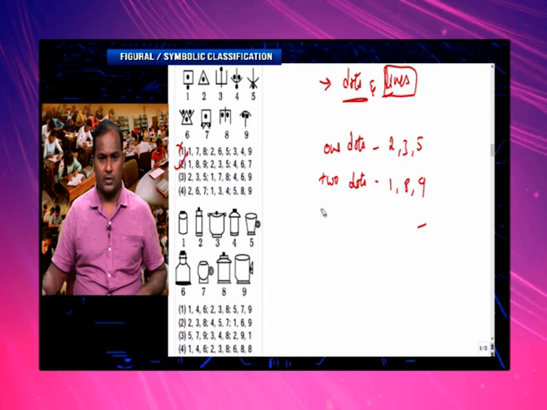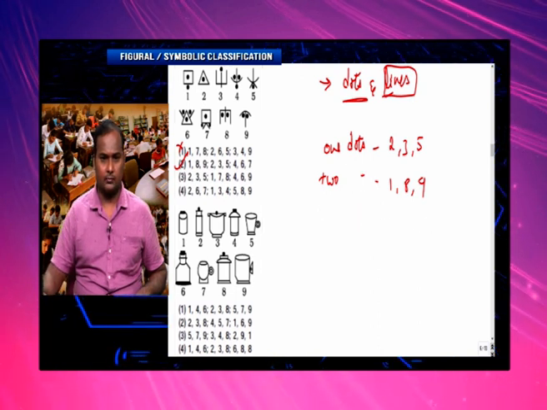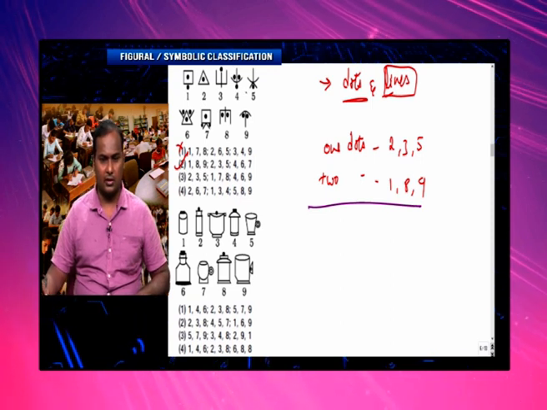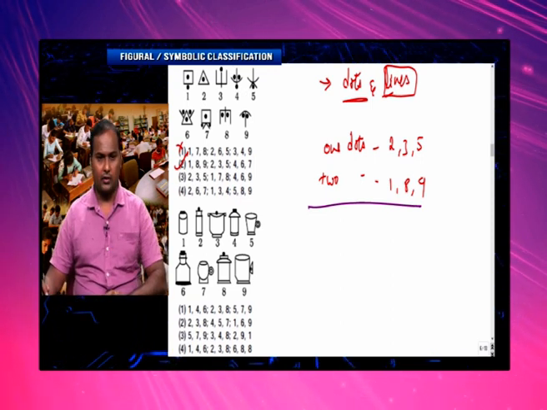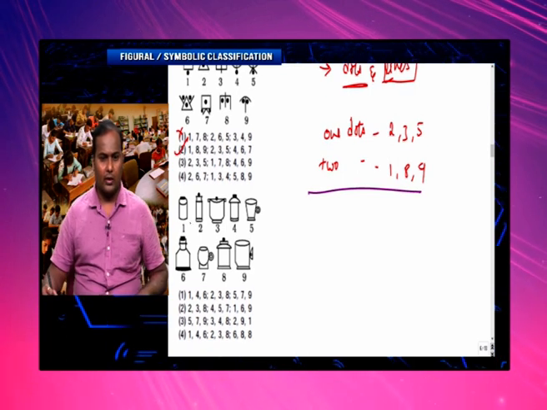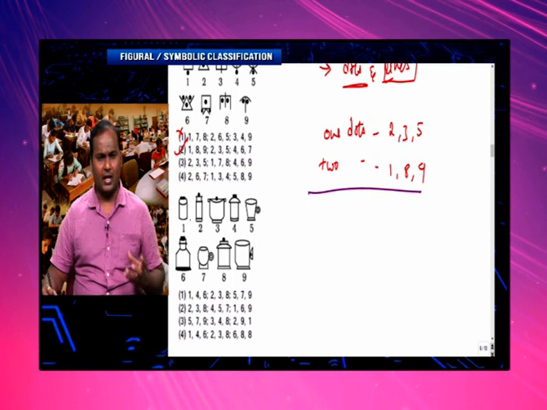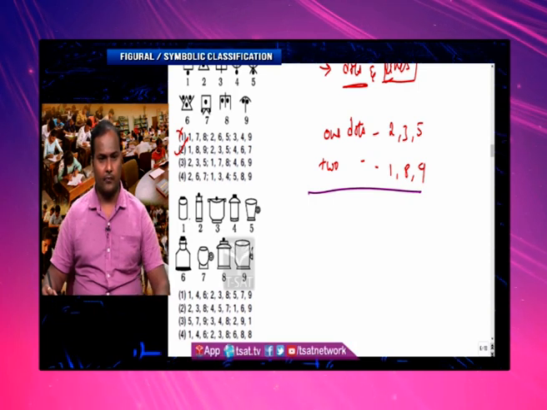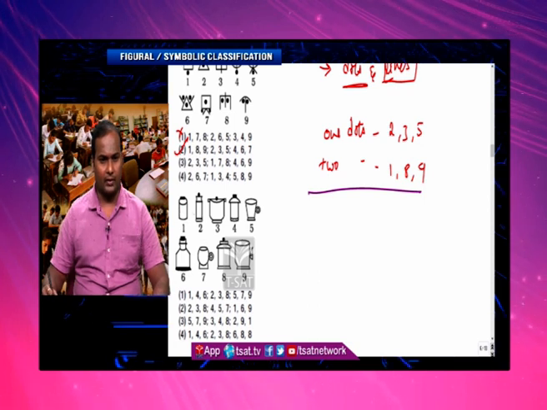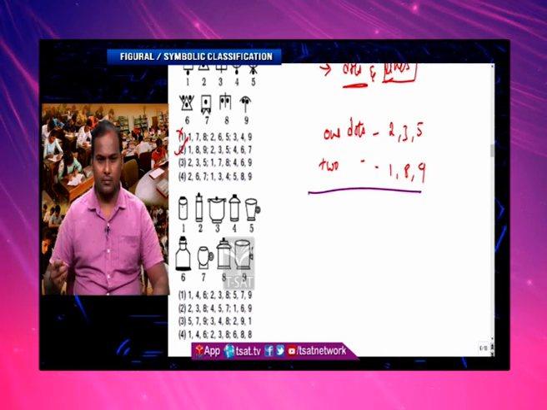See, in this particular question, whenever you see this kind of question, before we consider lines and dots, but in this question some figures are given. So whenever you see these kinds of figures, now what you can classify, what character one can take in this particular group. If you see figure 1 and figure 2, the difference is both are cylindrical objects.